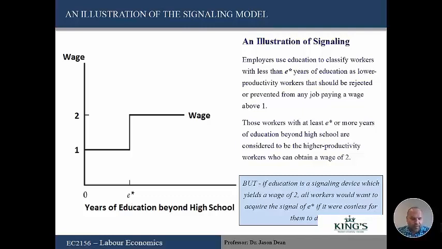If there wasn't any difference in the cost for low and high ability, then they would all just get the required years of schooling, and they would end up getting paid the higher wage, and the employers would end up not being able to sort out who's high and low ability. So in that case, if the costs were the same, there's no signal here, so there's no separating equilibrium.